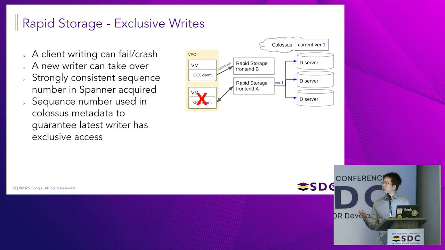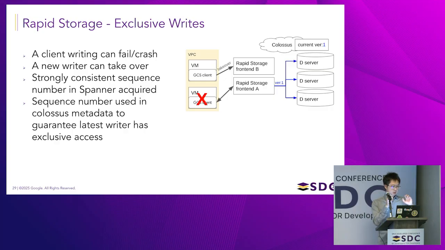The other thing is we've added more stuff around writes. So we have to be very, very careful about fencing, and you don't want to have a case where multiple clients are appending to the same object. So if a client fails or crashes, a new writer can take over for appending. On our side, this requires having a sequence number that we acquire via Spanner. So this is strongly consistent.